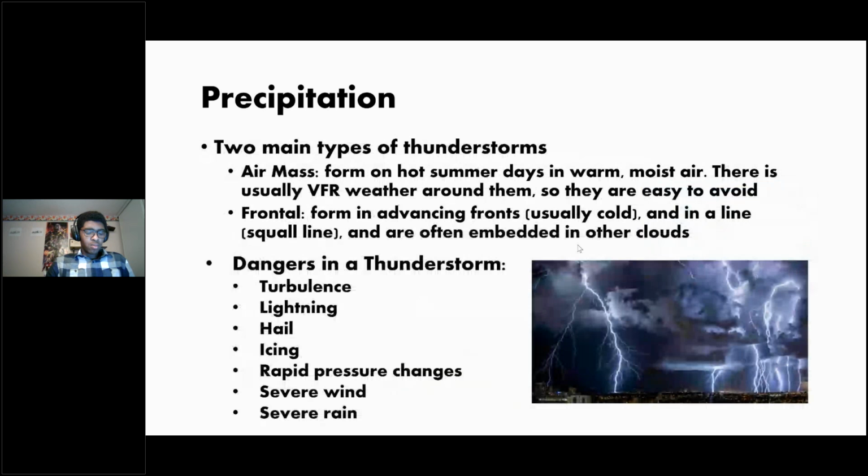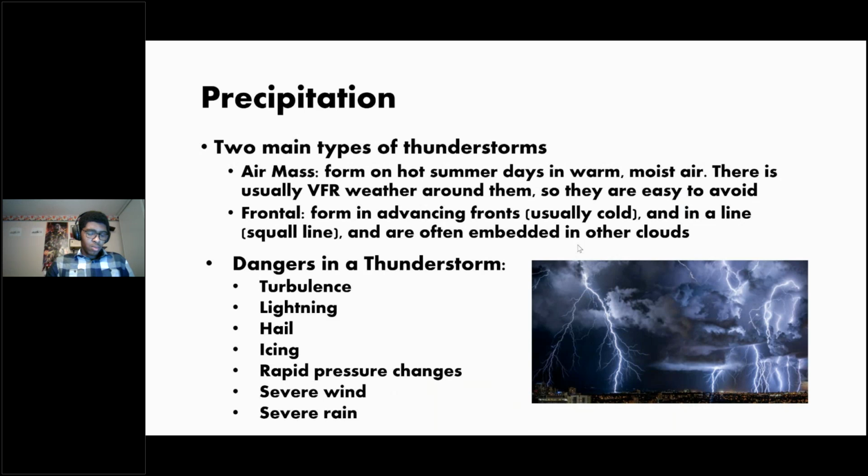There are two main types of thunderstorms in terms of how they form. You can have air mass thunderstorms, and they form usually on hot summer days in warm, moist air. The main distinction for them is that they're usually very isolated. Often you'll have perfectly clear weather around these thunderstorms, but within them they'll be very intense.